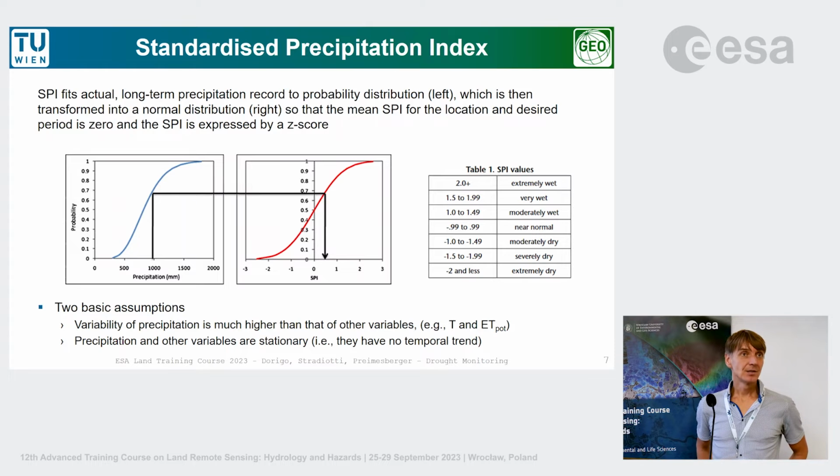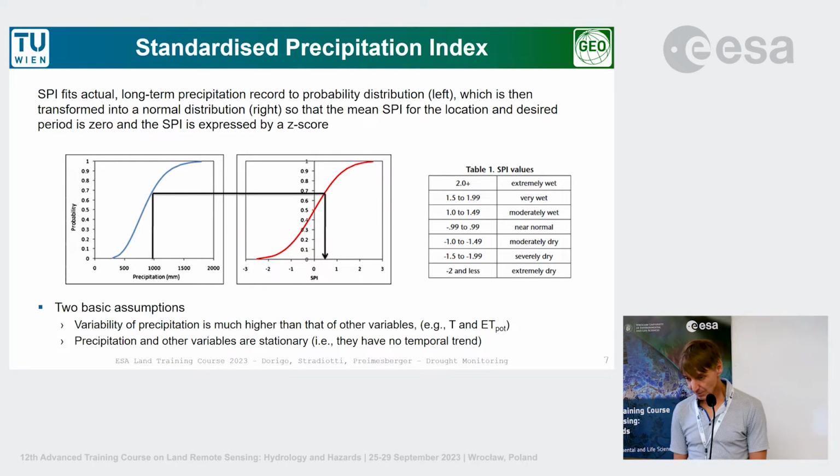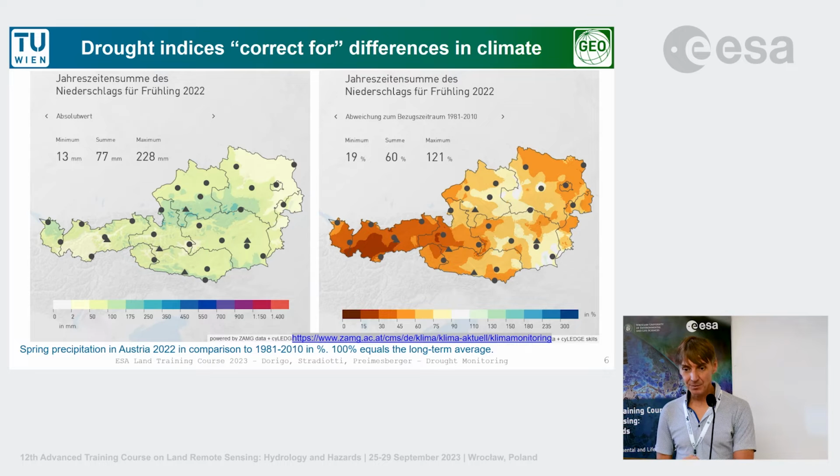Now I should mention, I think one slide is missing. But what I wanted to mention is that if you look at the map at the left, the distribution seems very flat.